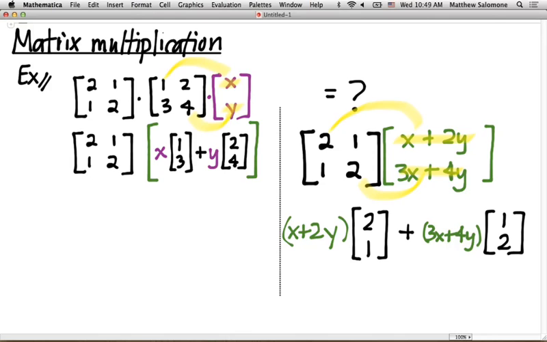So we have a little more arithmetic to do this time. Twice x plus 2y, that's going to be 2x plus 4y. And then 3x plus 4y times 1 is going to give me 3x plus 4y. And in the second component, 1 times x plus 2y is x plus 2y. And twice 3x plus 4y, 6x plus 8y.